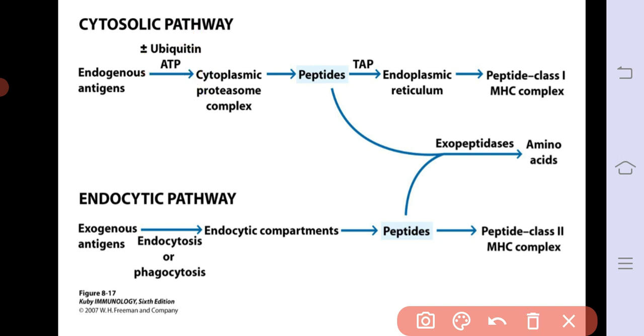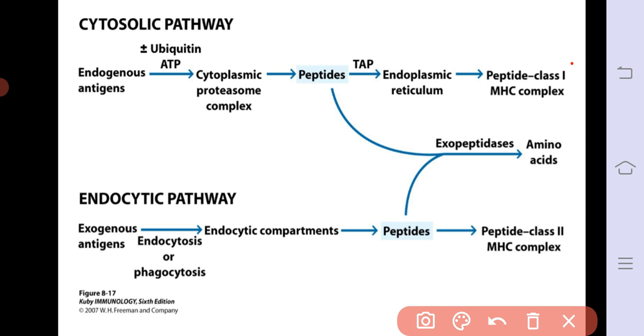After cleavage through the proteasome, the peptide antigens are formed, which are smaller in size. With the help of TAP, the TAP helps in loading this peptide antigen on a class first molecule.